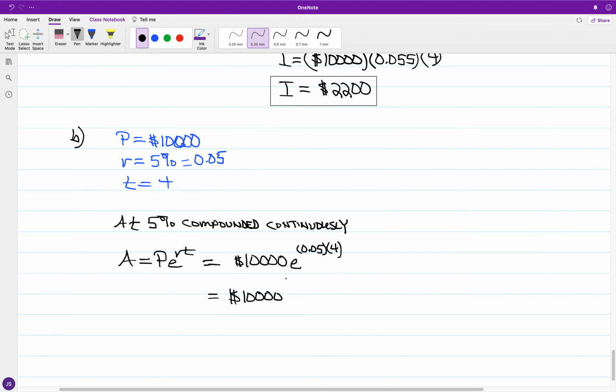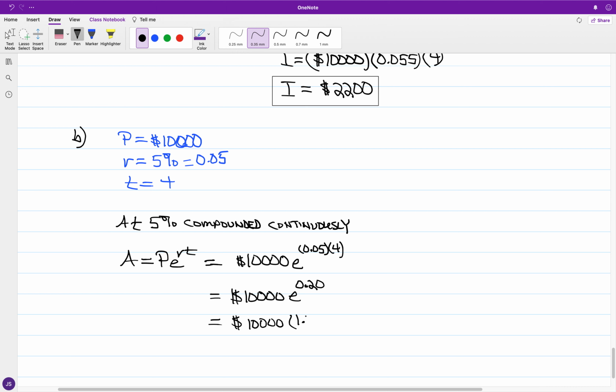So you have $10,000 times e to the 0.2, and for e to the 0.2, that's going to be about 1.2214.